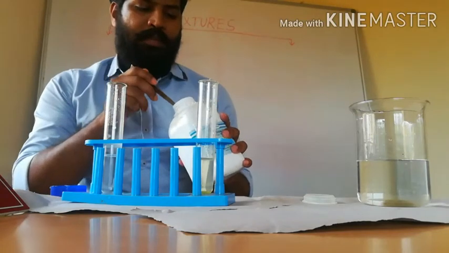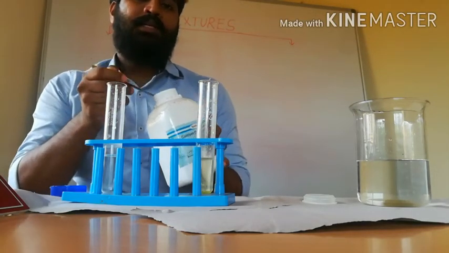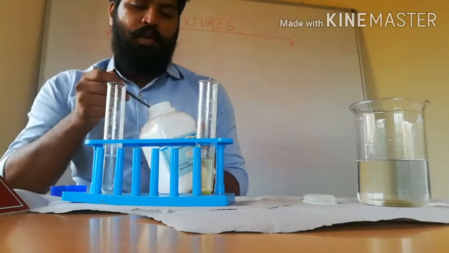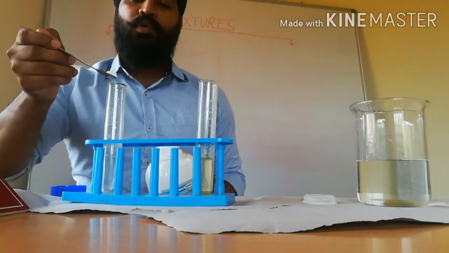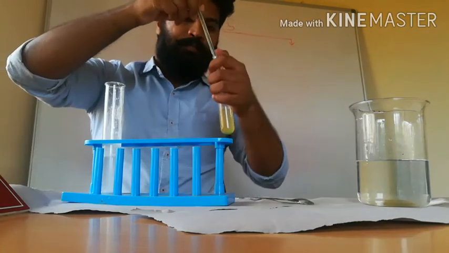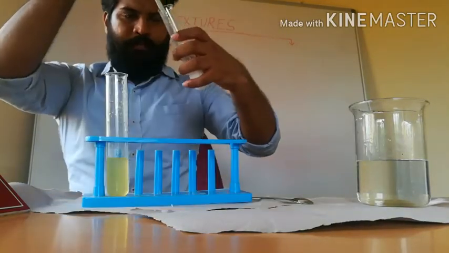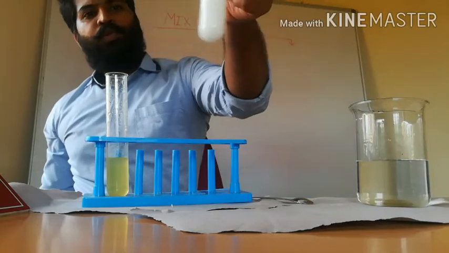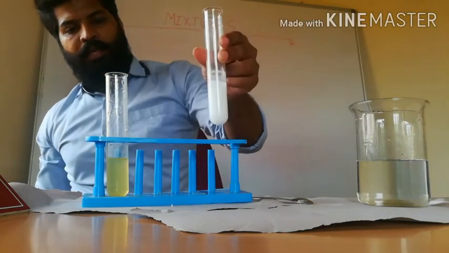Water is a pure substance, ferrous sulfate is a pure substance, and calcium oxide, which is a compound, is also a pure substance. So let us take a quarter of a spoon of calcium oxide. So you get a milky white mixture.